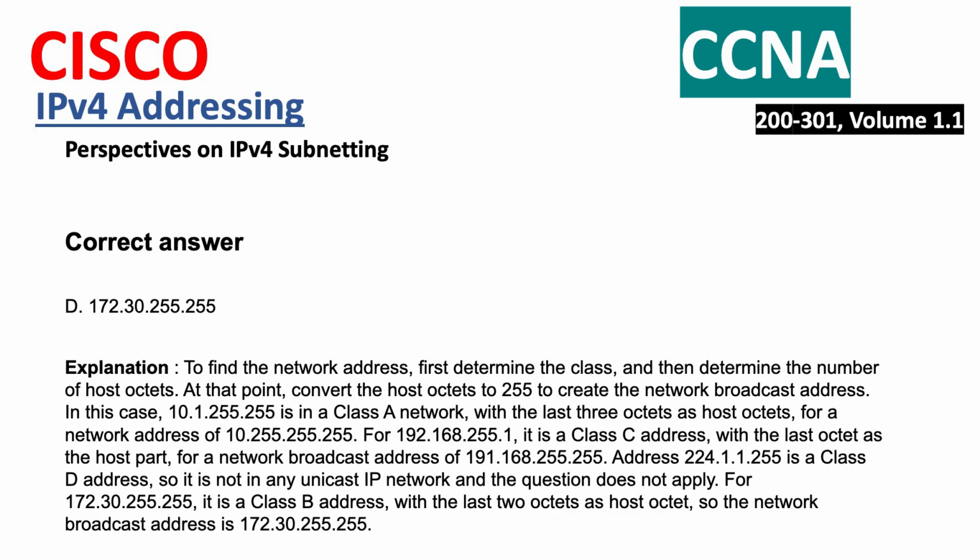For 192.168.255.1, it is a Class C address with the last octet as the host part, for a network broadcast address of 192.168.255.255. Address 224.1.1.255 is a Class D address, so it is not in any unicast IP network, and the question does not apply. For 172.30.255.255, it is a Class B address with the last 2 octets as host octets, so the network broadcast address is 172.30.255.255.